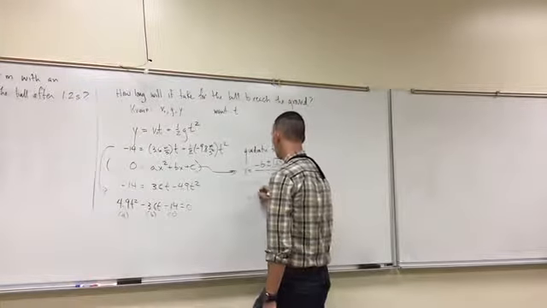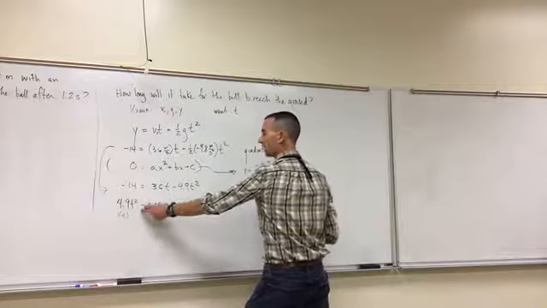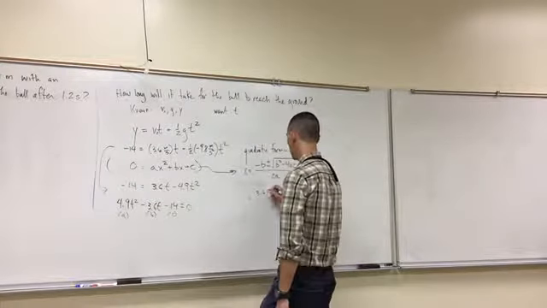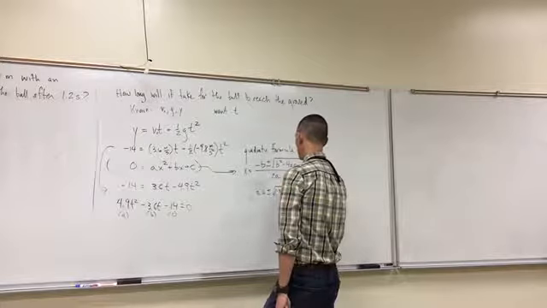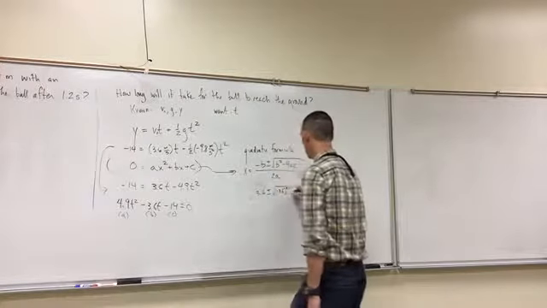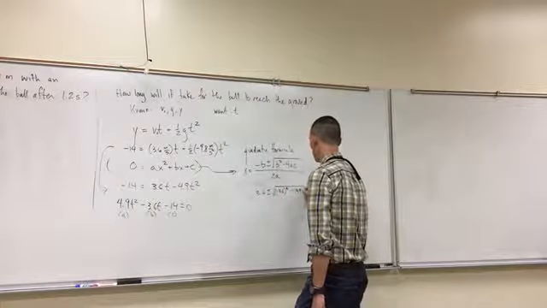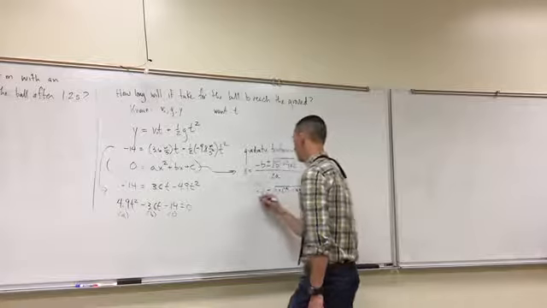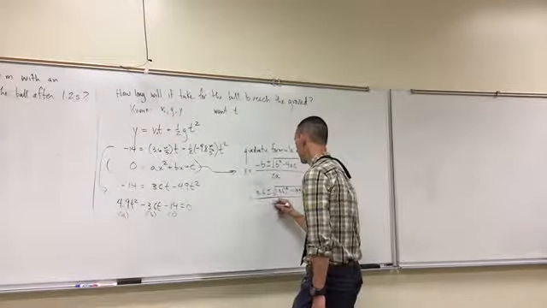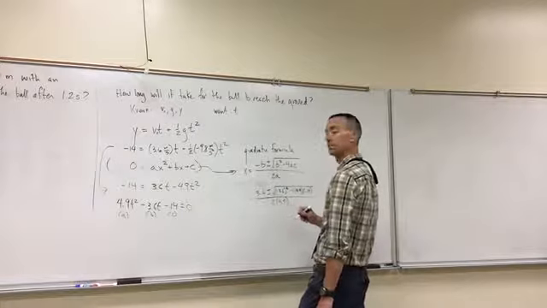So for this, that would end up being positive 3.6, because it's the negative of negative 3.6, plus or minus the square root of negative 3.6 squared minus 4 times 4.9 times negative 14. All that's going to be divided by 2 times 4.9, 2A.